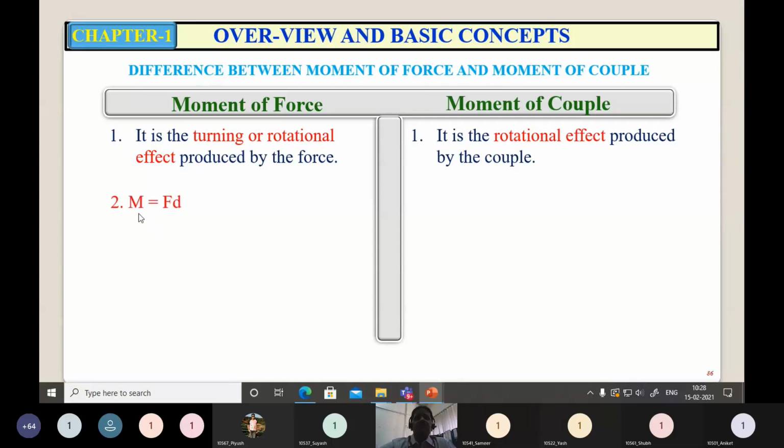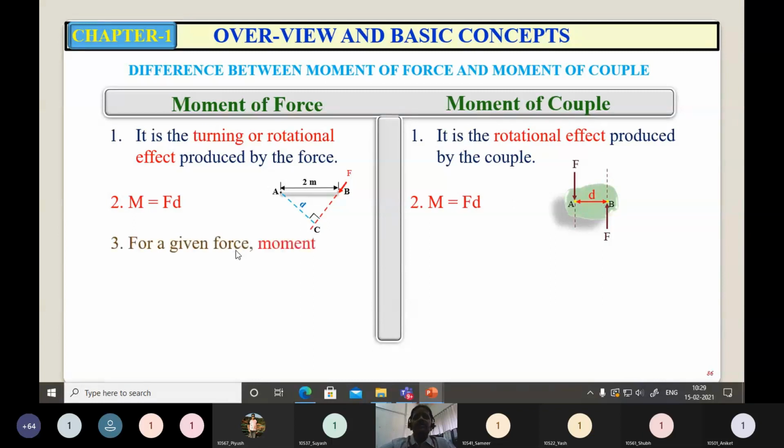here the moment of a force is calculated by taking the product of the force and the perpendicular distance d from the line of action of the force to point A, about which the moment is taken. Whereas the moment of a couple is also calculated as the product of force into distance. What is that distance? The distance between the two lines of action of the forces.